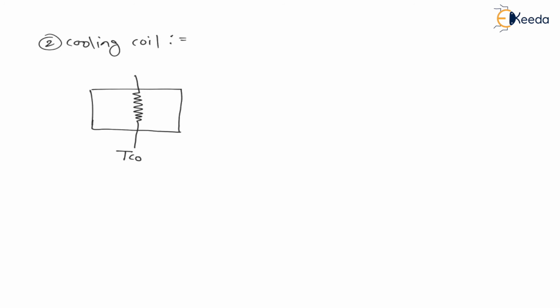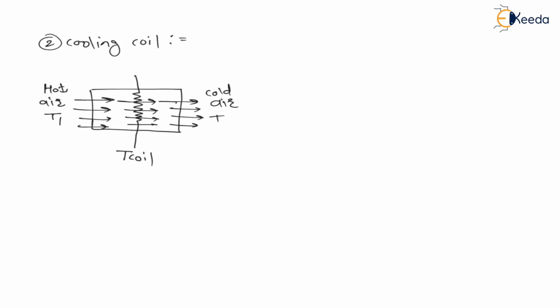The coil will have a temperature of coil. If I want to cool the air, on this side there will be hot air at temperature T1, and this hot air is flowing over the coil. Because the coil temperature is less than the hot air, the air will get cooled and cold air will come out at temperature T2.